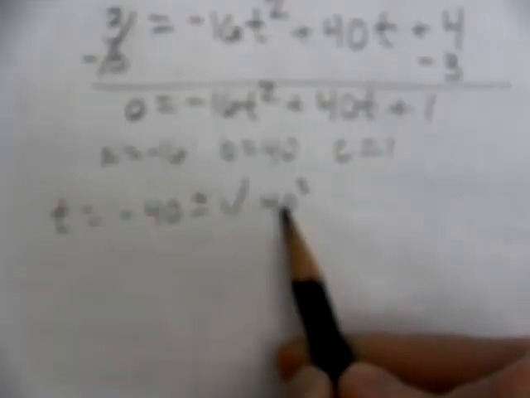So to calculate -b plus or minus the square root of b squared, no need for parentheses if you're positive, minus 4ac, all over 2a.